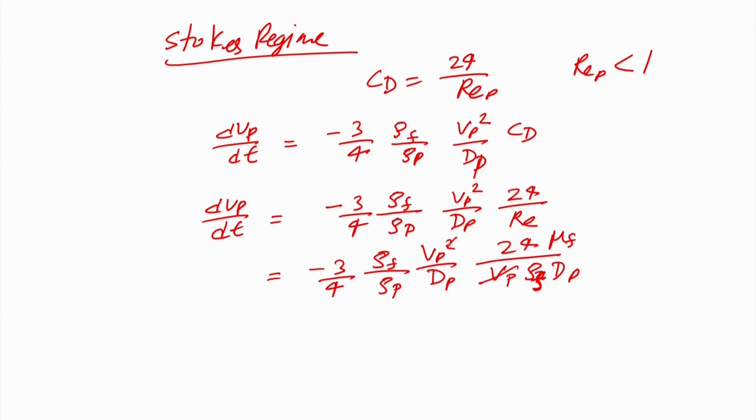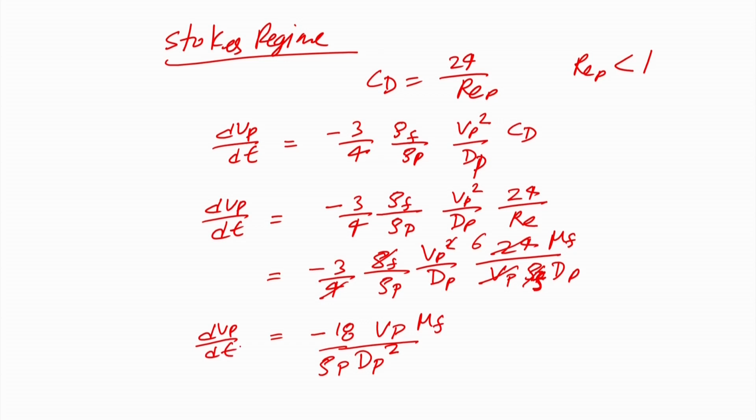This Vp and this Vp will be cancelled out. This will be 6. So, we can write it as minus 18. Rho f will be cancelled out. It will be your minus 18 Vp upon dp square rho p into mu f. So, that is what you will get. This will be equal to dVp upon dt.